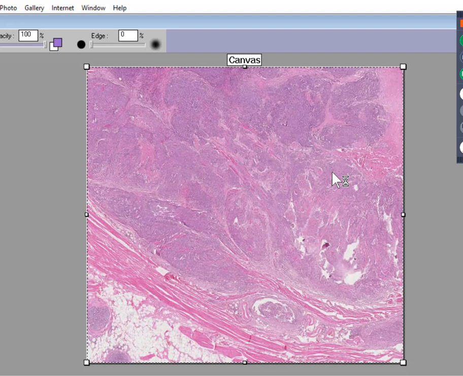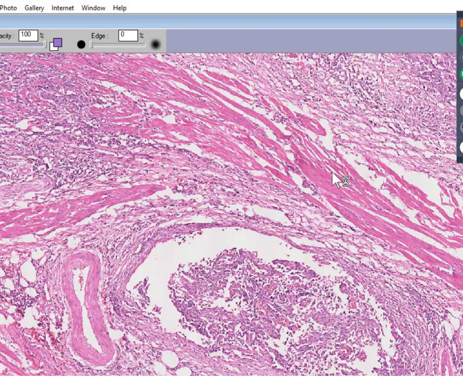And how am I going to prove that? I'm going to prove that by showing this to you. You could see tumor here. You could see tumor up here. And look at, here's some smooth muscle cells that have been invaded.